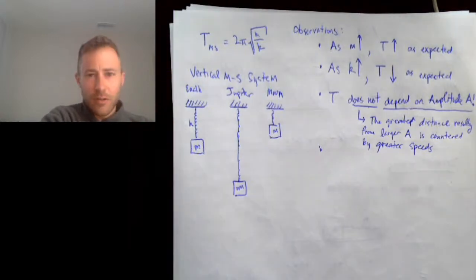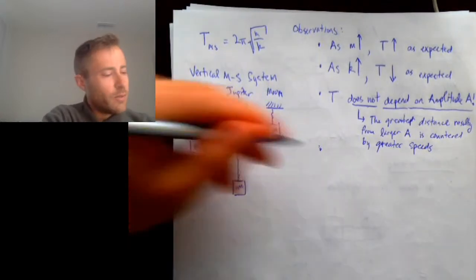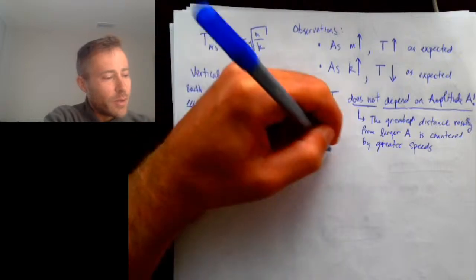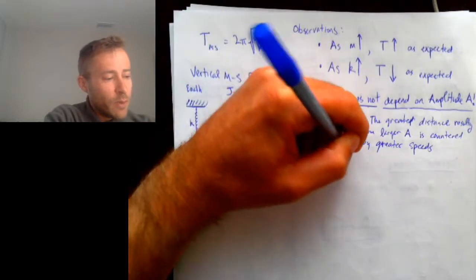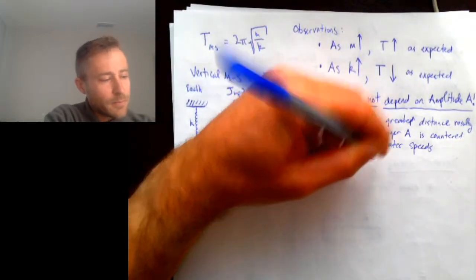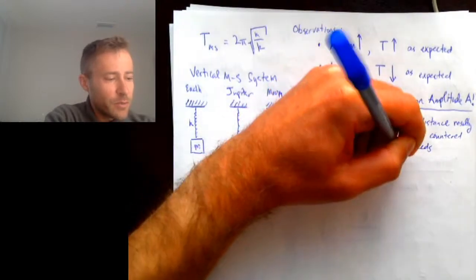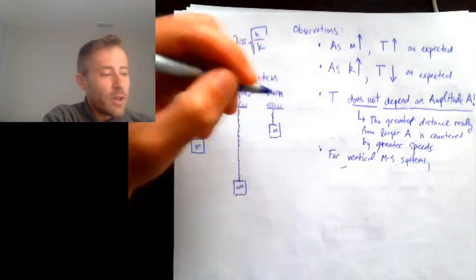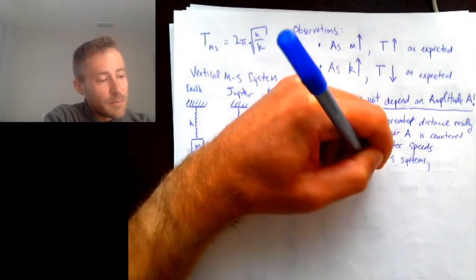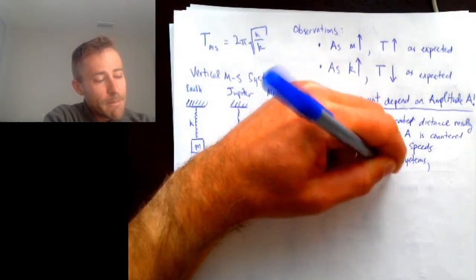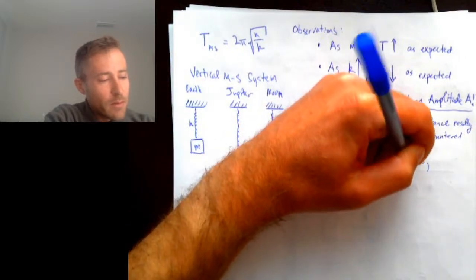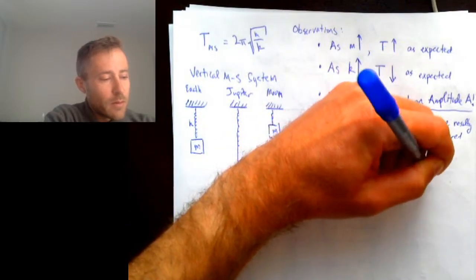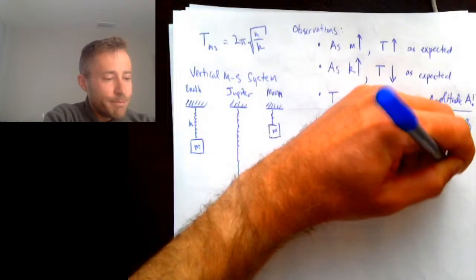And so there are a couple of things about vertical mass spring systems. So for vertical mass spring systems, first of all, the equation for period is the same.